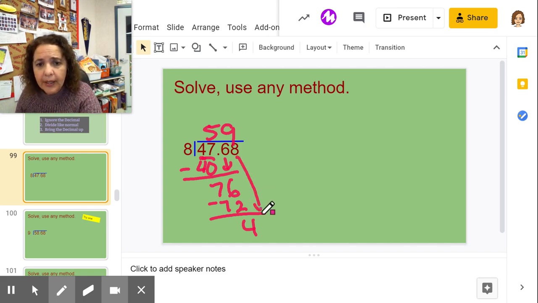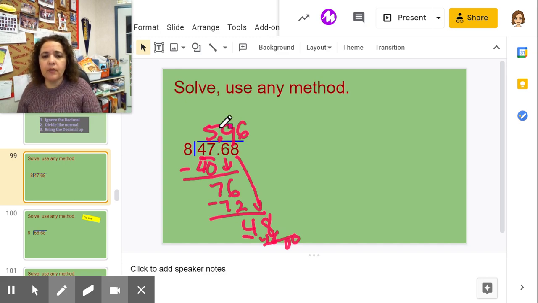Bring down my 8. 8 times what is 48? 6 times 8 is 48. Bring up my 6, minus 48. 0, 0. And then what did I forget? The decimal's right there. It's got to go in the exact same spot. So 5.96, 5 and 96 hundredths. It's not dollars anymore, right? Okay.